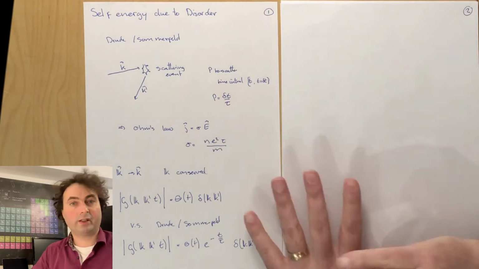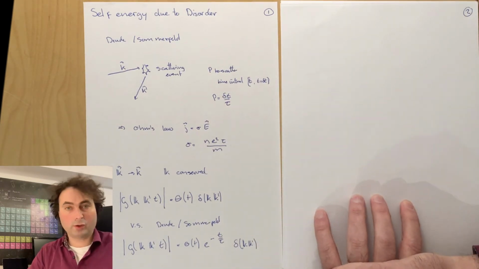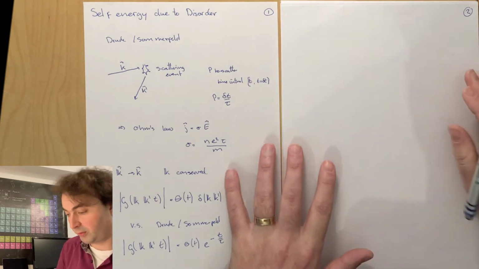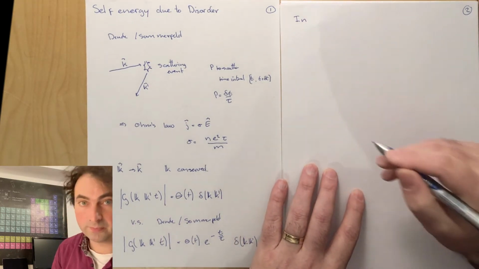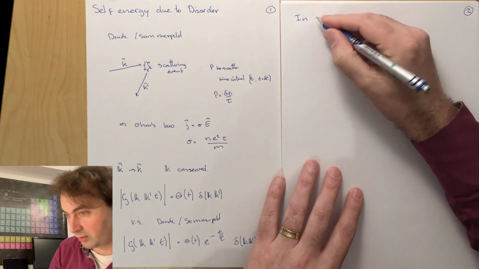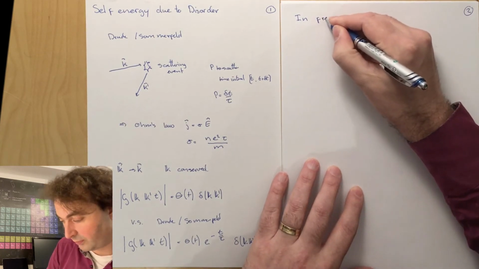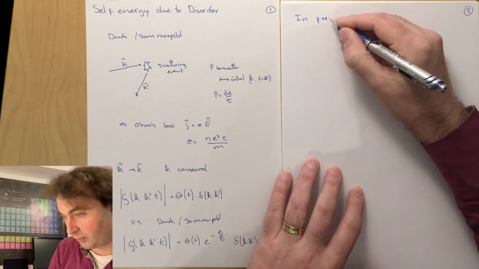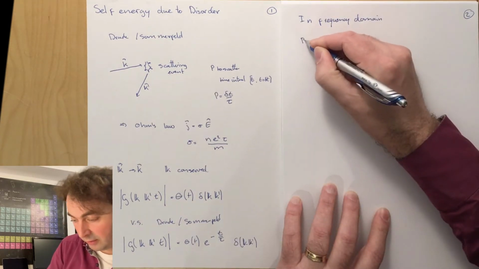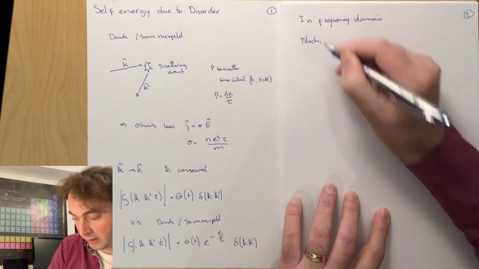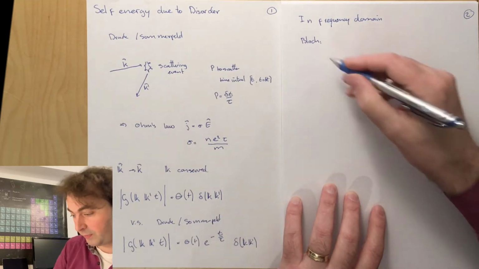Now we have been working with Green's functions in the frequency domain as energy is conserved in our systems, and this is often the easier way to handle your Green's functions. So let's translate these to frequency domain Green's functions, and we'll have a look at the Green's functions for Bloch waves.